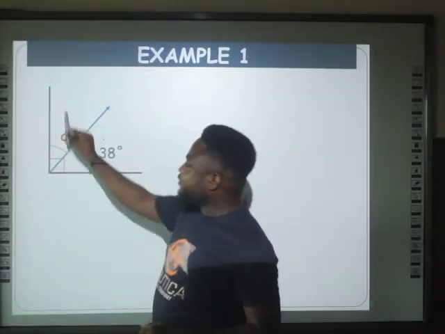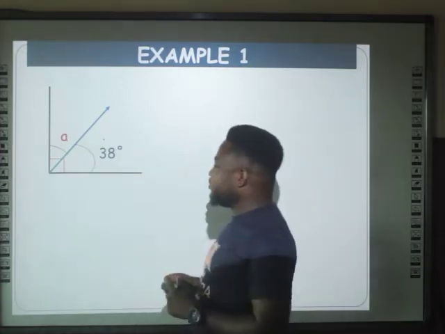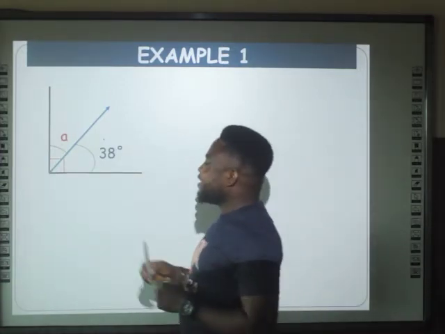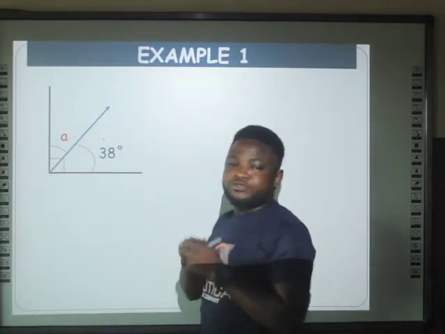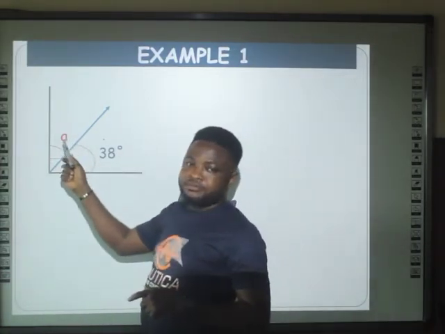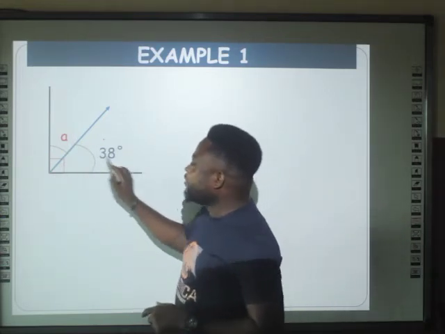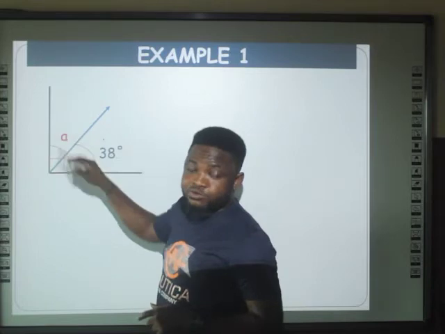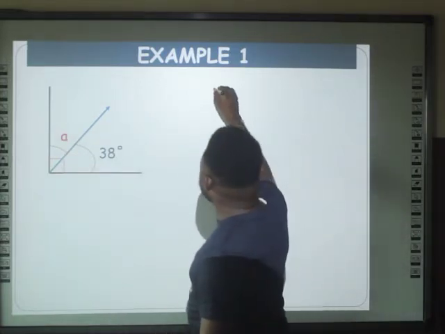So this forms a right angle, complementary angles. You need to observe that this A is the missing angle. We have to solve for this variable. Knowing fully well that this is a right angle, these two angles will definitely add up to 90 degrees.